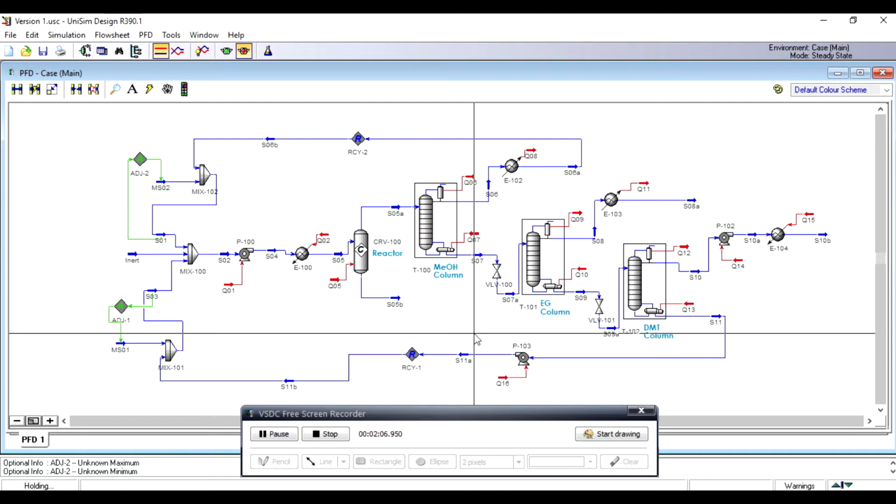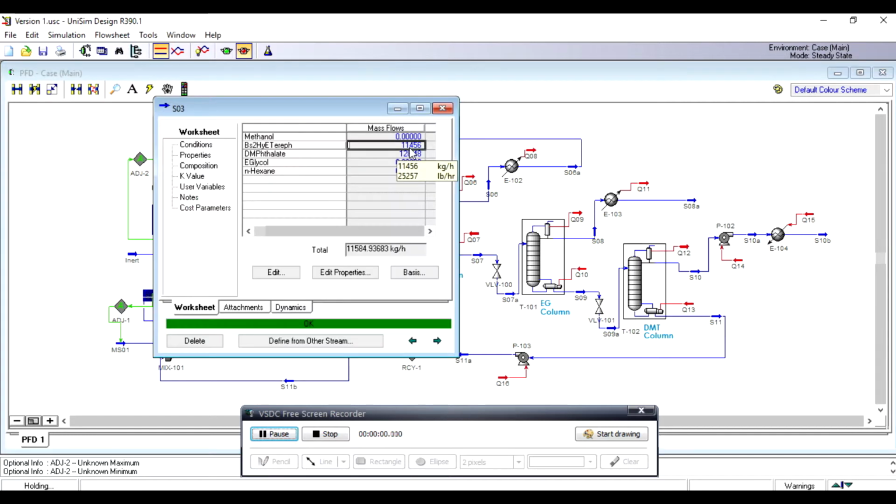The process consists of mainly three sections: the depolymerization of PET, purification of products, and recycling of unreacted feeds, with each unit operation having its own function. Our requirement is to process 100,000 tons of PET per year, so we converted it to around 11,000 kg per hour of PET.